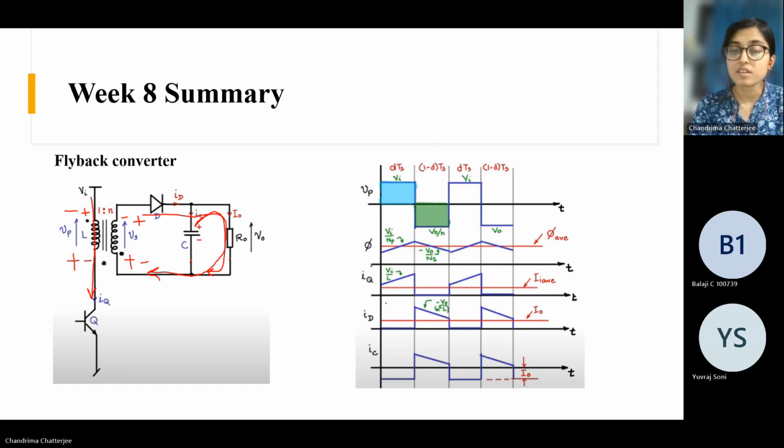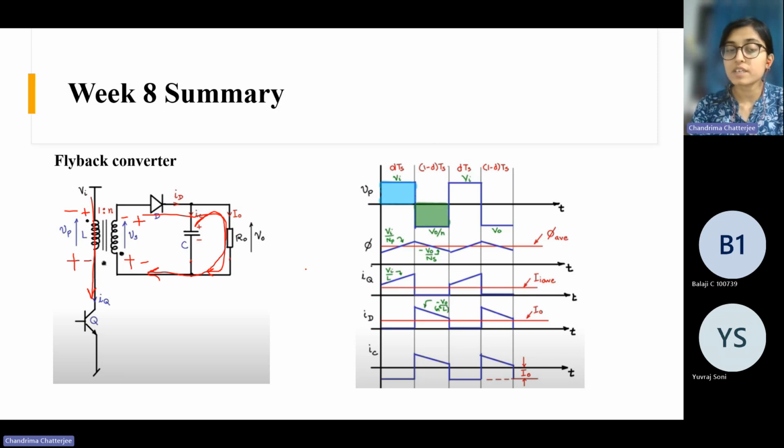Okay. This is IQ because only during DTS period the switch is on and it conducts current. So this is IQ, and this has the same slope as the inductor that we were talking about when we were discussing the buck boost converter.